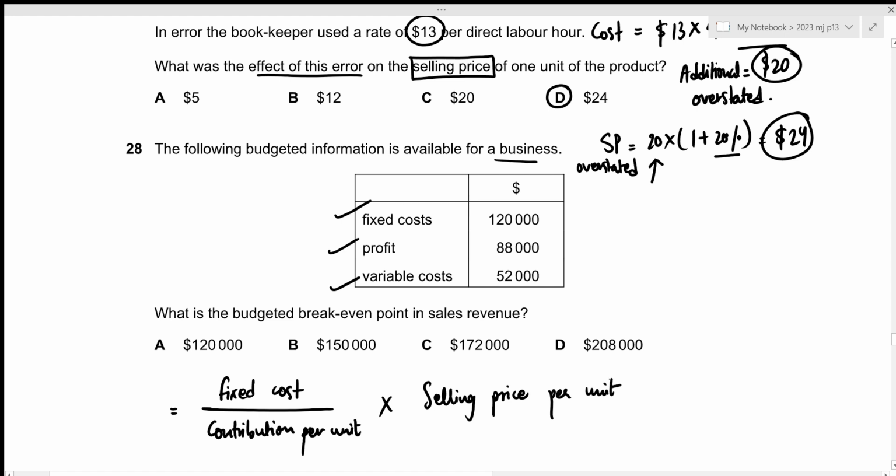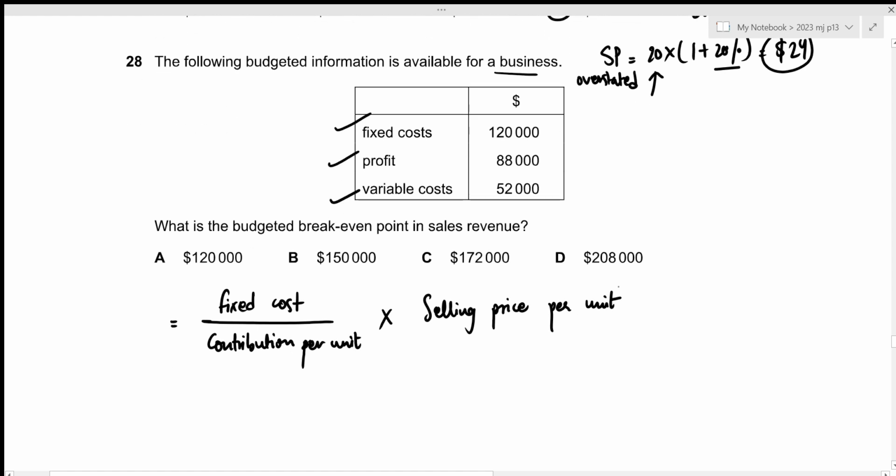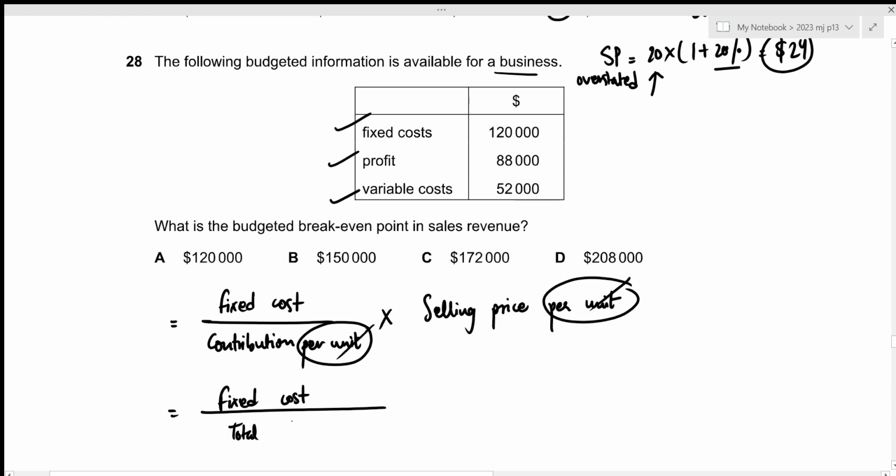And remember that both the numerator and the denominator have per unit. So we can basically cancel this out, because if we write down fixed cost divided by total contribution divided by number of units, this will give the contribution per unit, right?